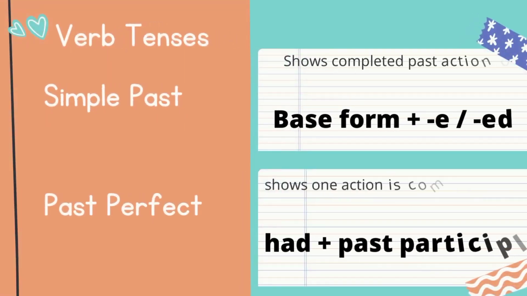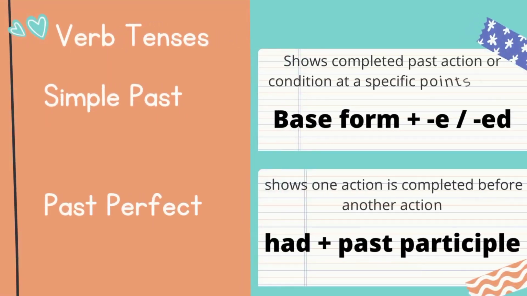Just remember that simple past tense shows a completed past action at a specific point in time, while past perfect tense shows that an action is completed before another action. To better remember the difference between the two, be familiar with the formula.